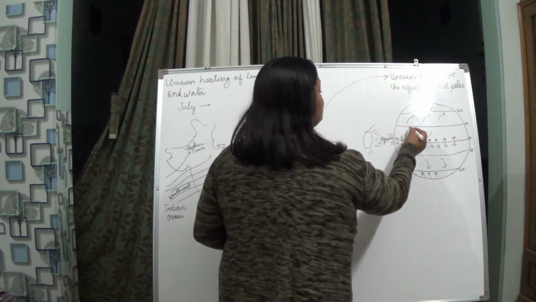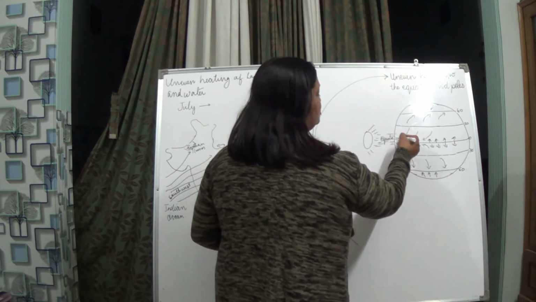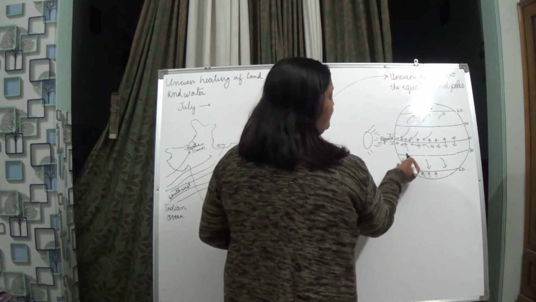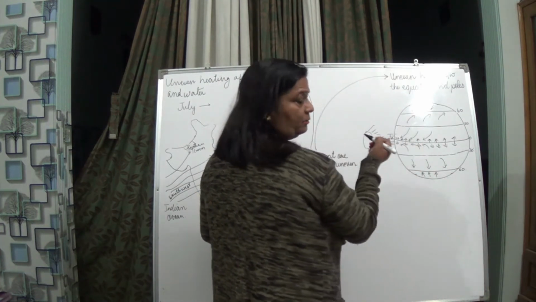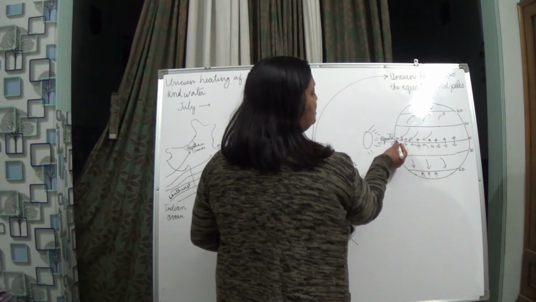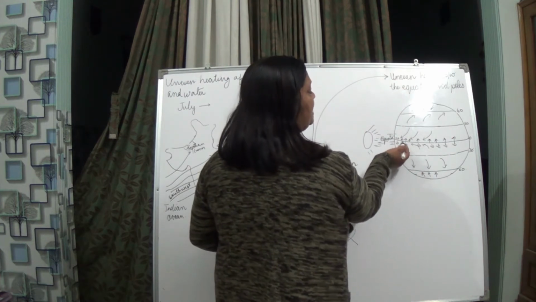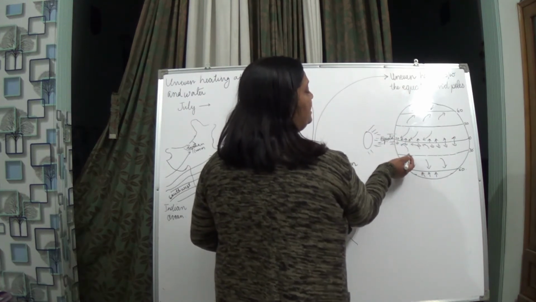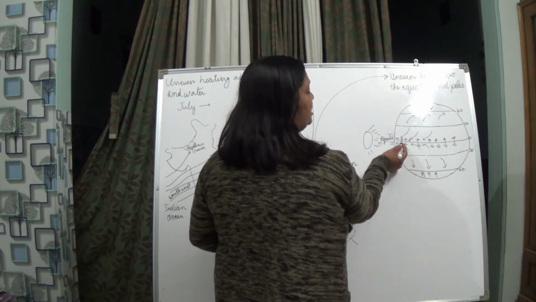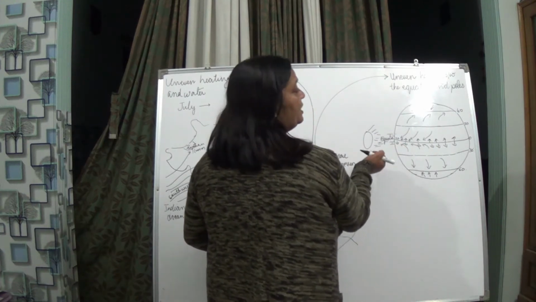So the dense air from there rushes towards the equator. That happens above and below the equator. Here a low pressure area has been created, so the dense air moves towards the equator and this is coming down, isn't it?